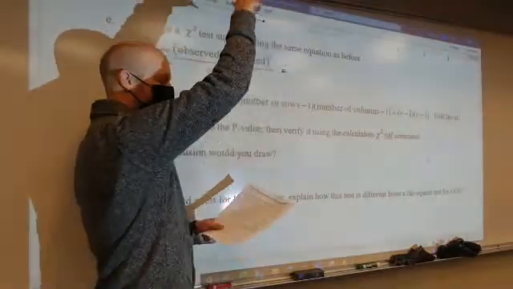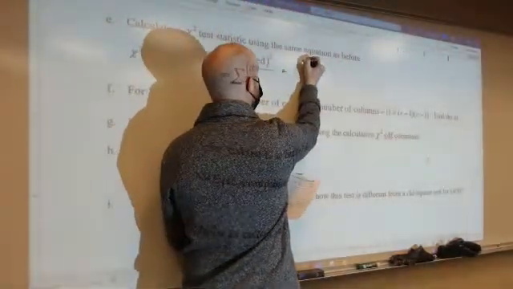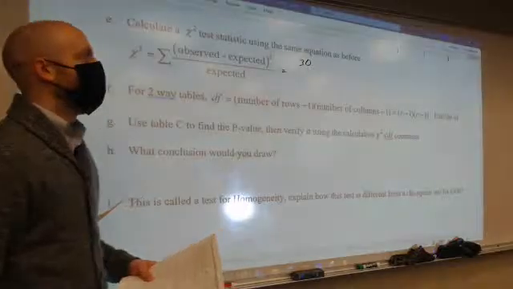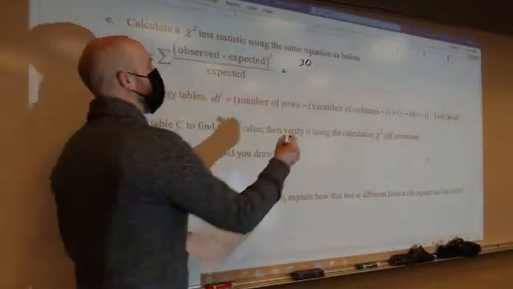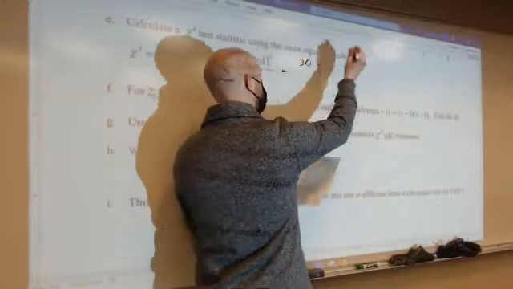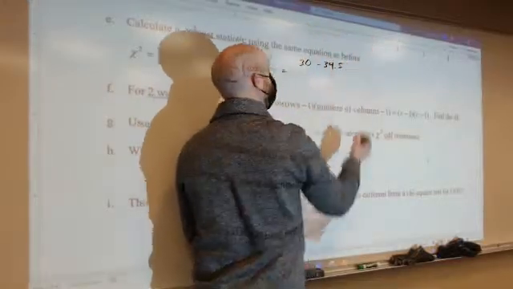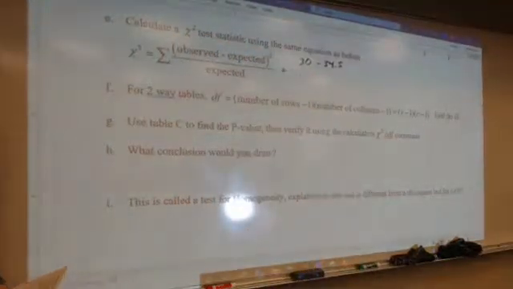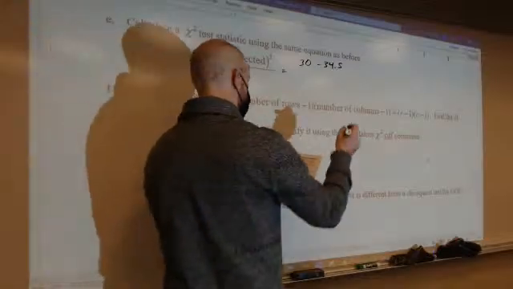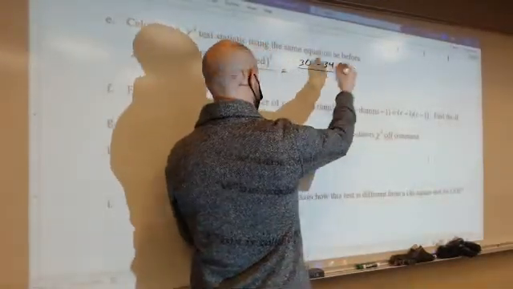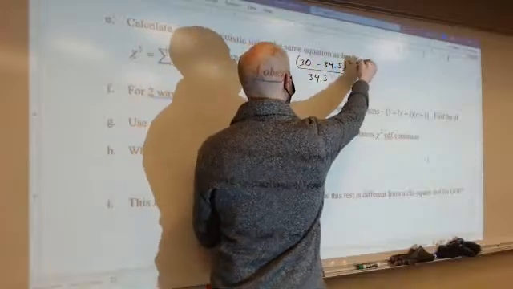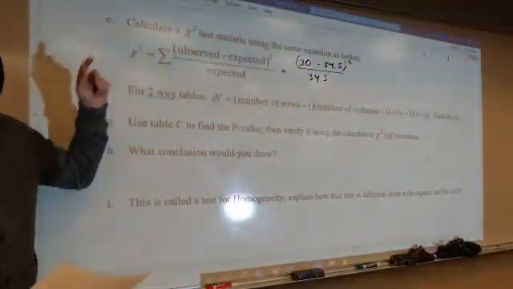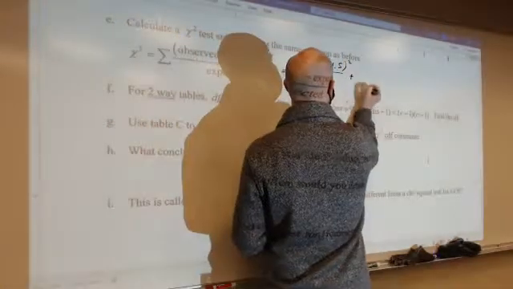So for the first column, I believe there were 30 men who answered yes when they were asked by a male versus 34.5 that we would expect under a perfectly equal distribution, divided by expected, and square. And that would be the first one. Then we go to the next one.